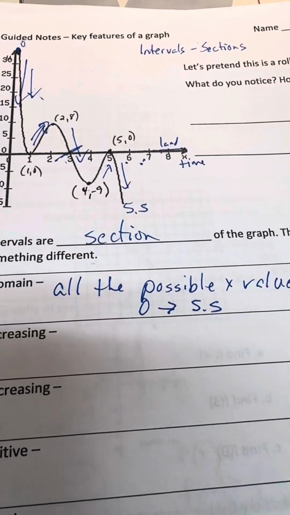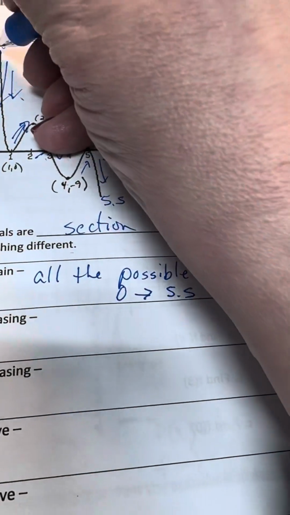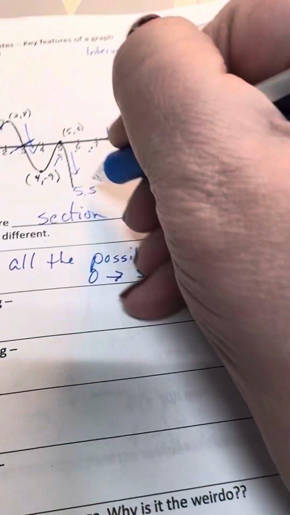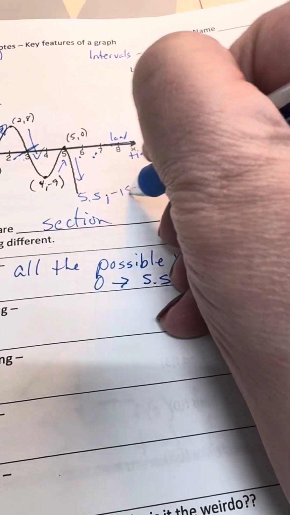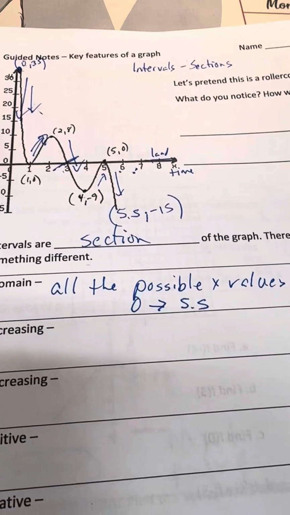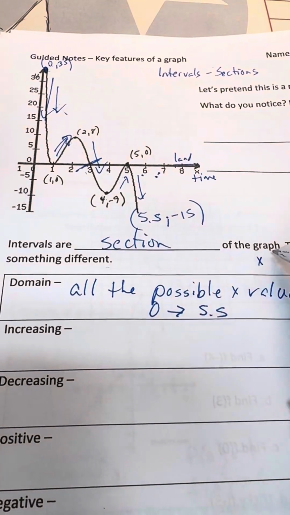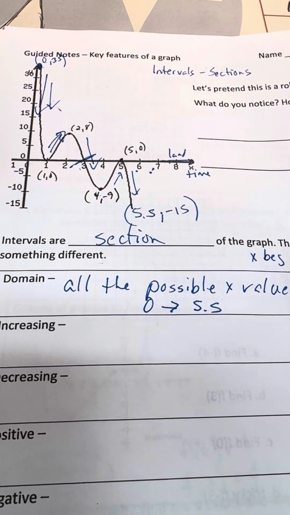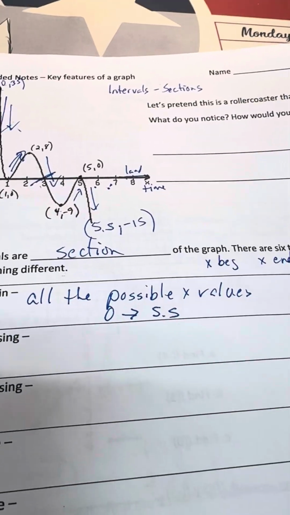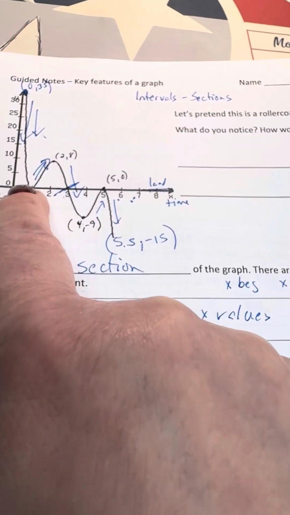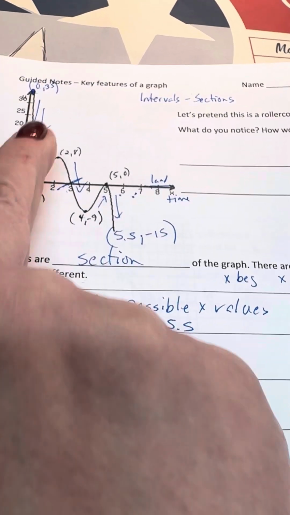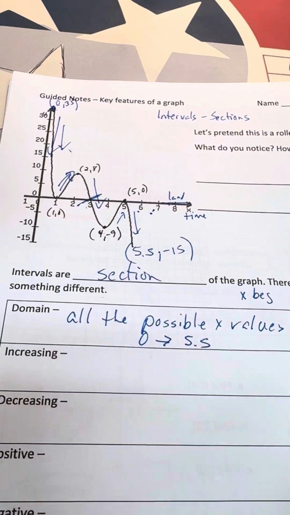Now, I would like you to notice, I did not say, hey, from up here at 0, 35 to 5.5, -15. When we're dealing with intervals, you just say the x where it begins and the x where it ends, okay? So from here, I don't say this ordered pair to this ordered pair. I say, oh, it's from 0 to 5.5.